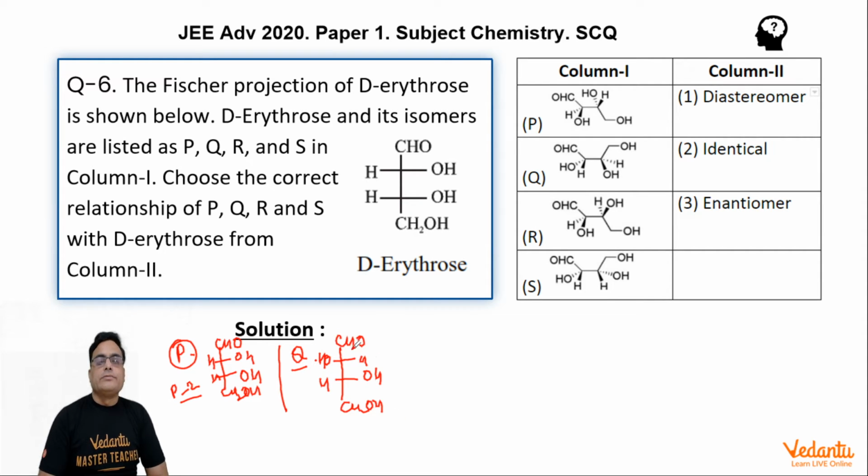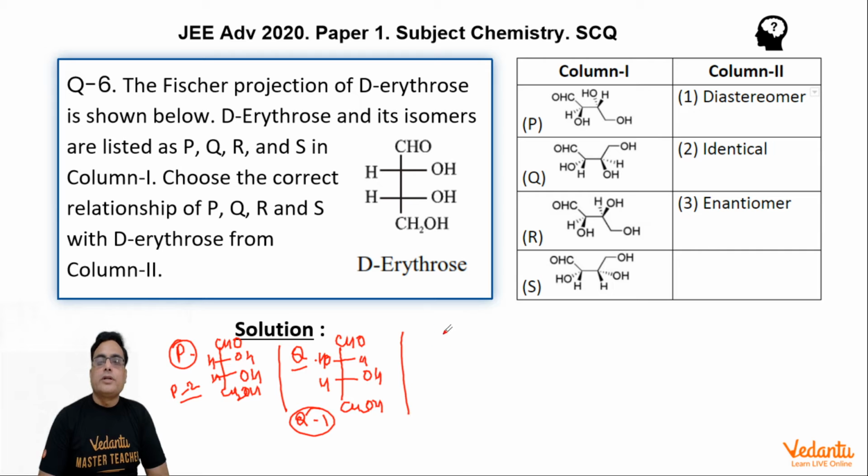You can see structure Q is neither identical nor mirror image of D-erythrose. That means Q is a diastereomer. So Q is having relation 1 with D-erythrose, right?